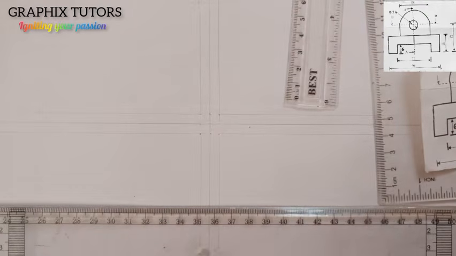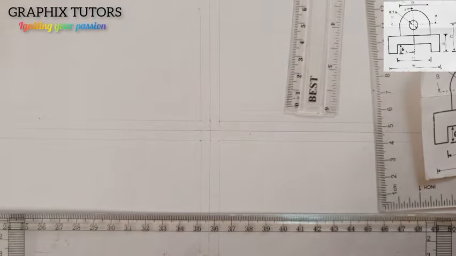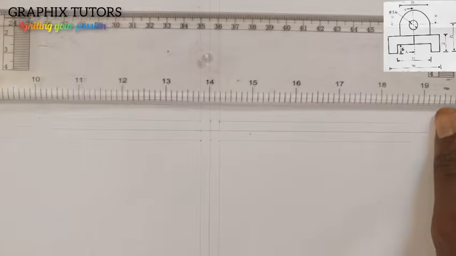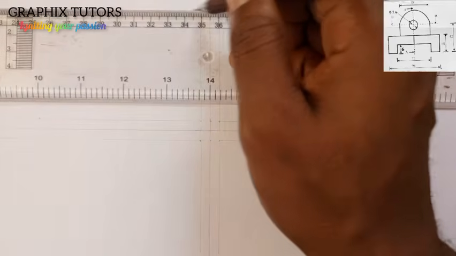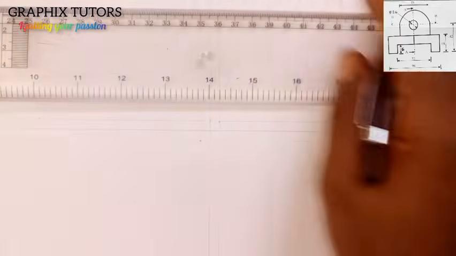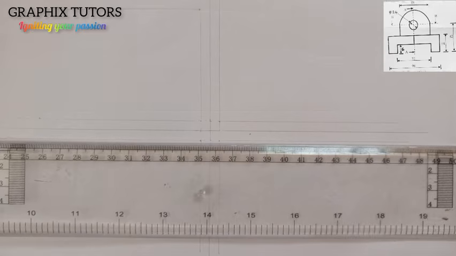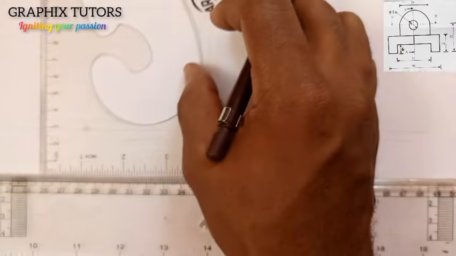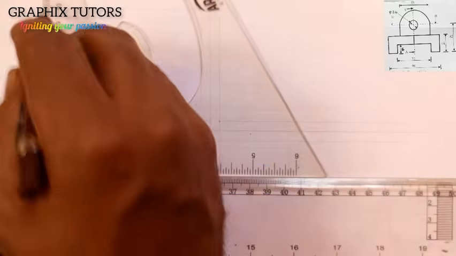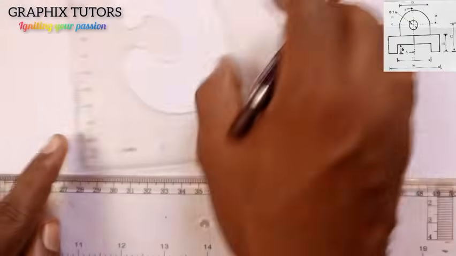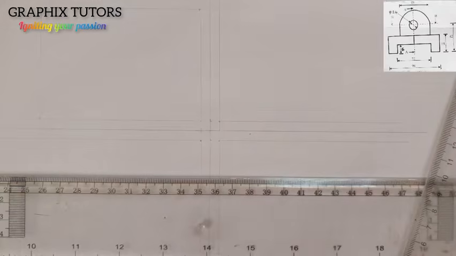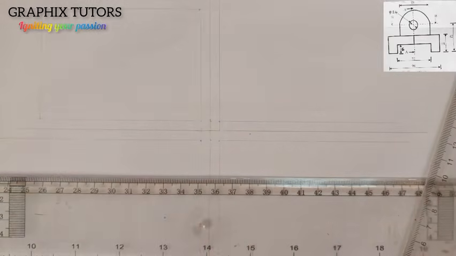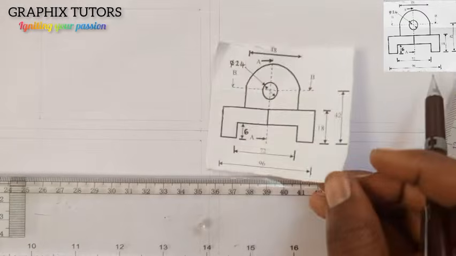Then I am going to close it up with the help of my rule this way, and close here up also. So this is the entire distance of the figure, the entire height and the entire length, right? So I'll start bringing out this figure now.